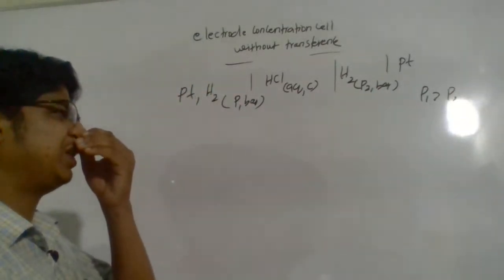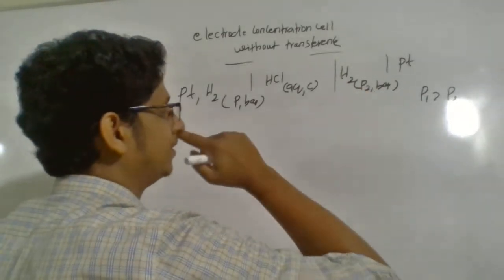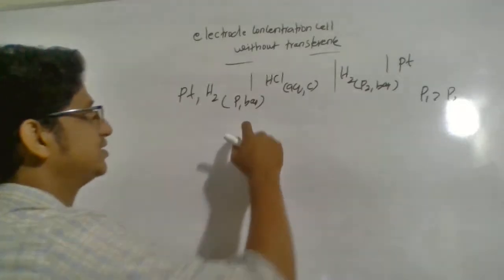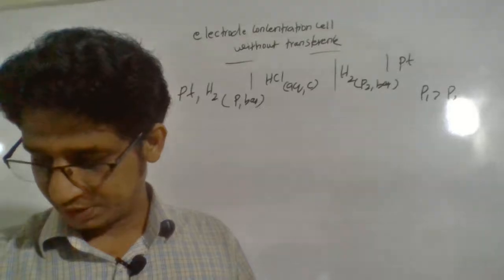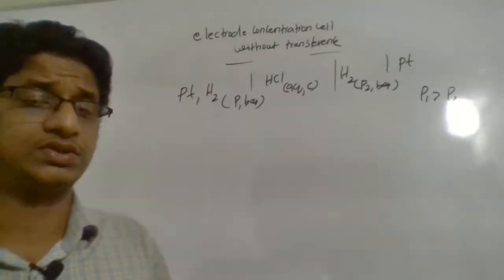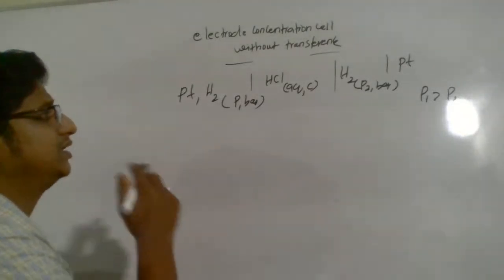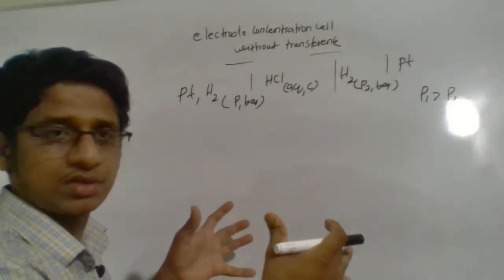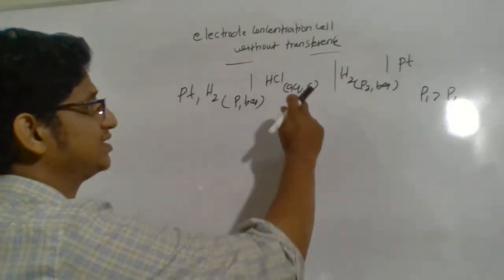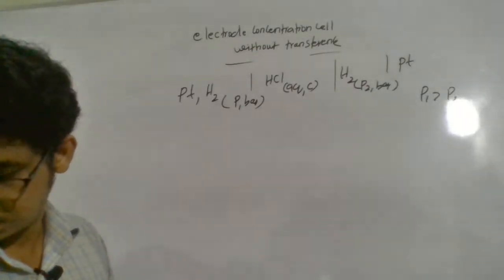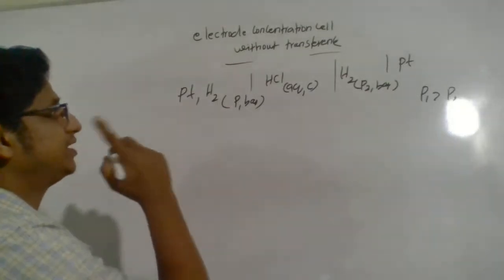That means the pressure of the hydrogen electrode at the cathode is less. So P1 we are taking as the higher pressure, and P2 is the low pressure. So let us think, what type of cell is this. Here, you have to imagine two hydrogen gas electrodes dipped in a common solution, that is HCl, having a concentration C. What's the change here?